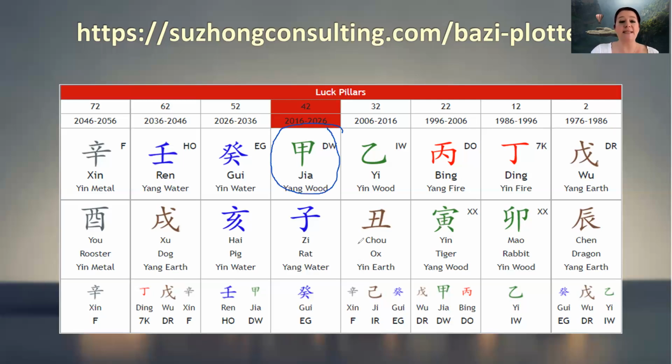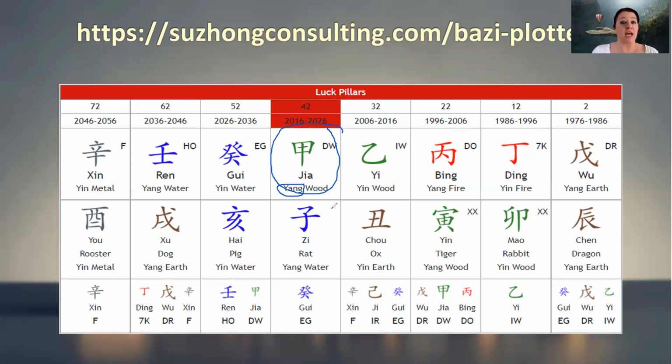This is what we call the stem, the luck pillar stem. And in this luck pillar stem, you will see here, it says yang wood. For you, it could be anything else. It could be maybe yin metal. It could be yang fire, anything. It's one of the 5 elements, and either the yin or the yang polarity. So here we have yang.